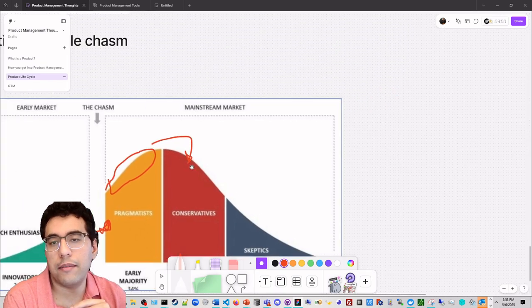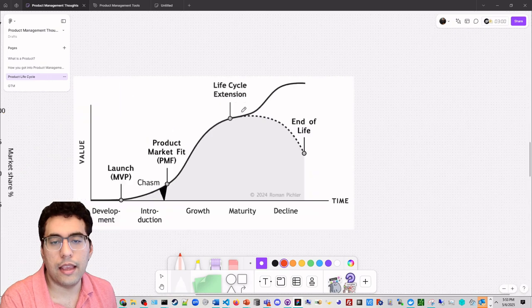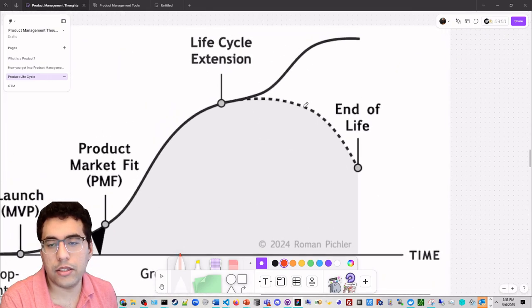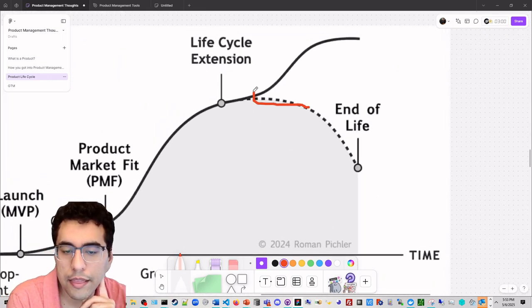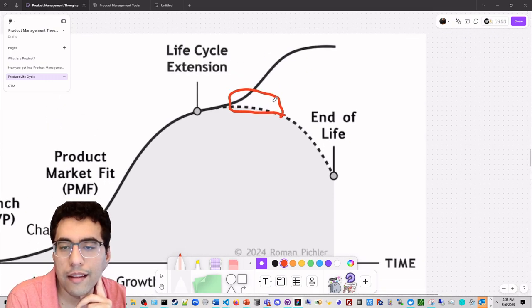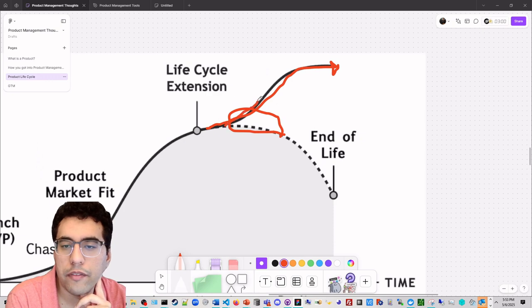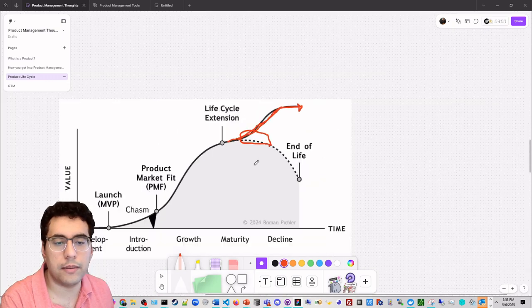And that's what comes back to the product life cycle up here again, is that laggards are usually at the maturity end to the decline. And even then, I think if you do a life extension, you'll capture more laggards, but you also find new customer types to capture there.